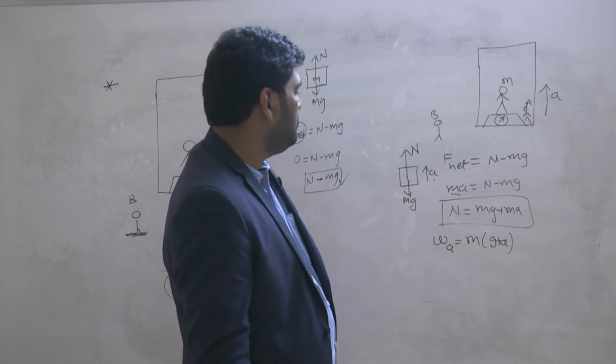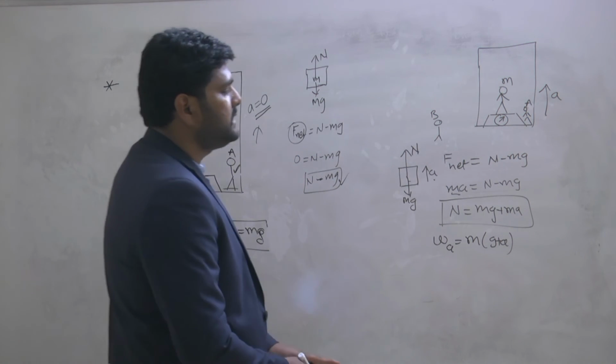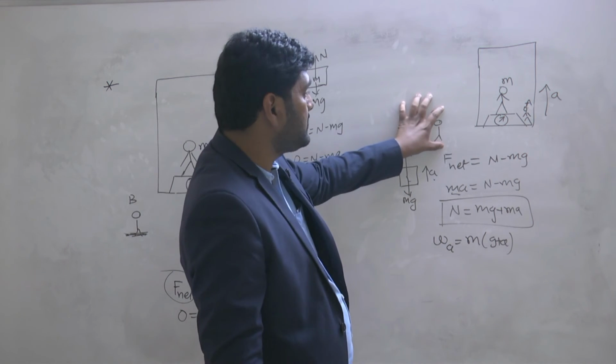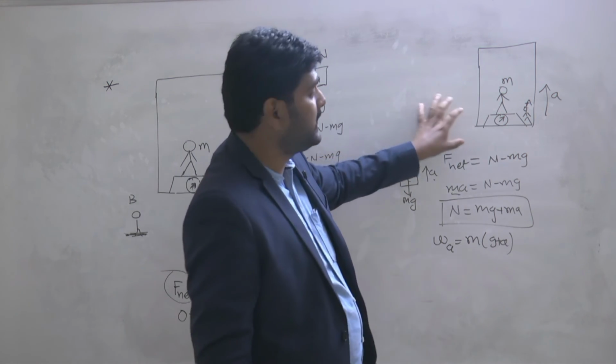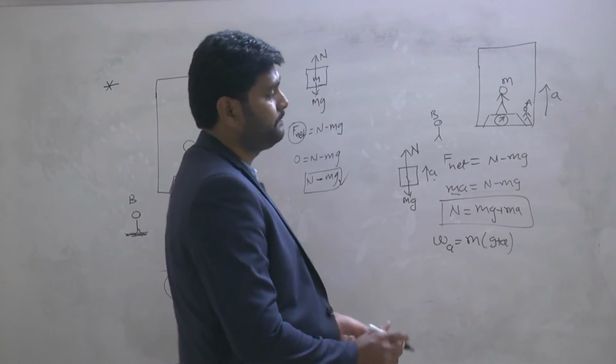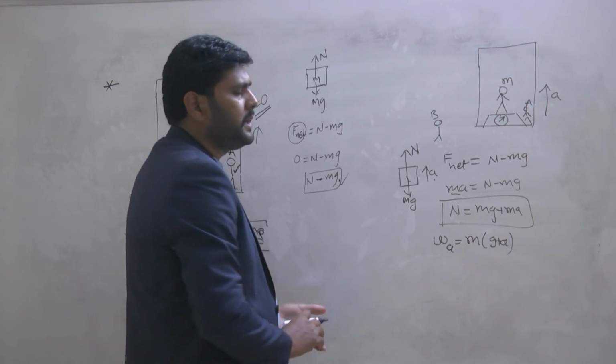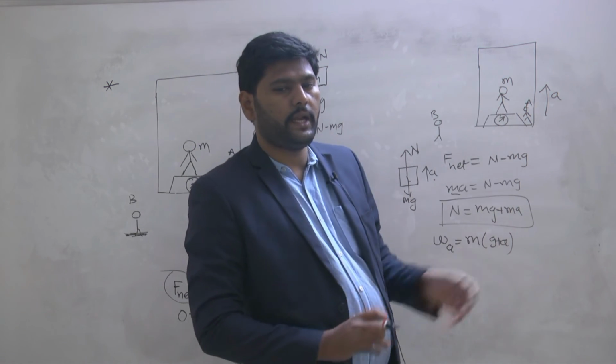Understand? Next, all we have done so far is with respect to person B. Now the same thing with respect to person A. Let us see. According to person A, what forces are acting?